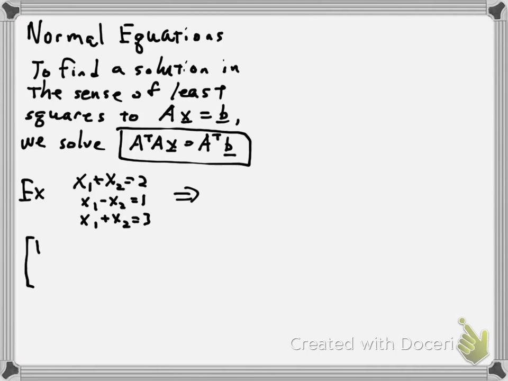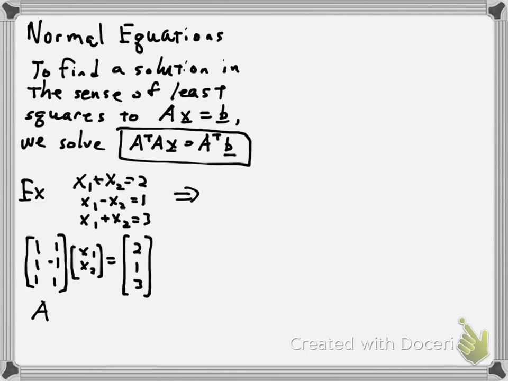We have a 3 by 2 matrix with 1, 1, 1 as the first column, 1, minus 1, 1 as the second column, times our unknown vector x, and this is going to equal our vector b, in this case 2, 1, 3. And so this is our system of the form Ax equals b, and it does not have a solution.